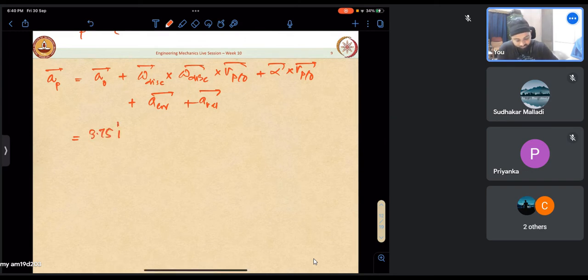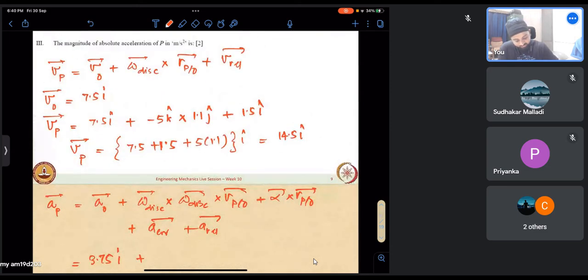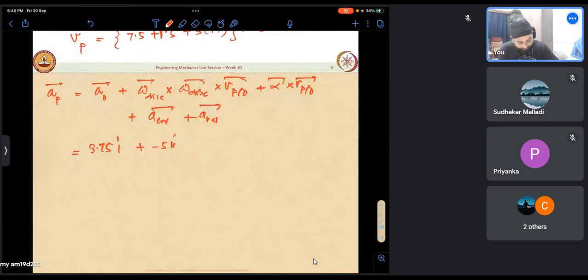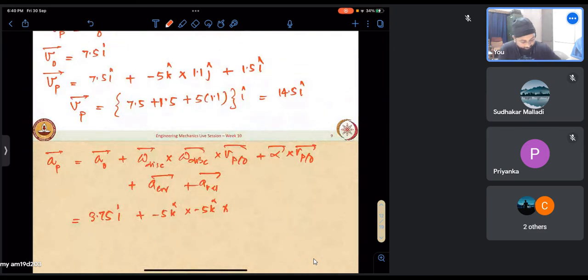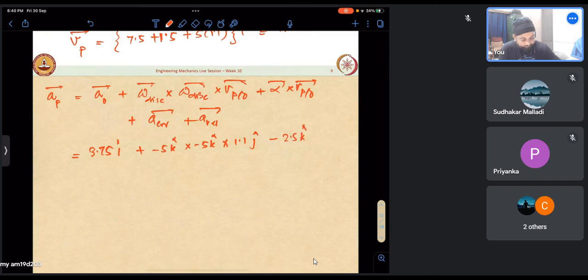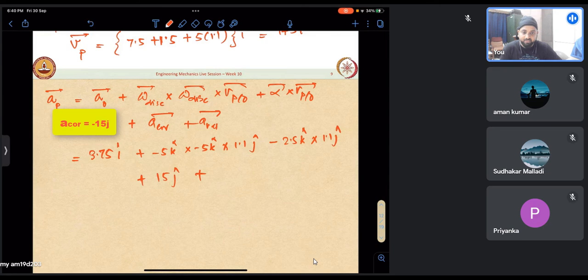Plus omega cross omega cross R, we already calculated here, but nonetheless let us do it again. Minus alpha is minus 2.5, plus Coriolis we found was 15 j, plus AREL. For AREL, we should take note that it is not 0. Tangential AREL is 0.